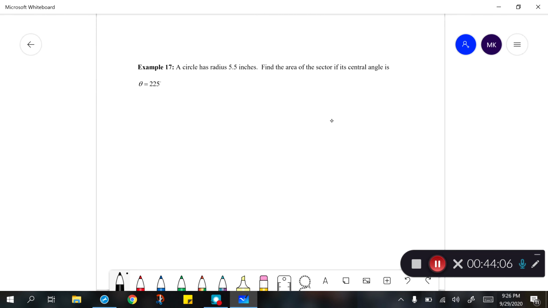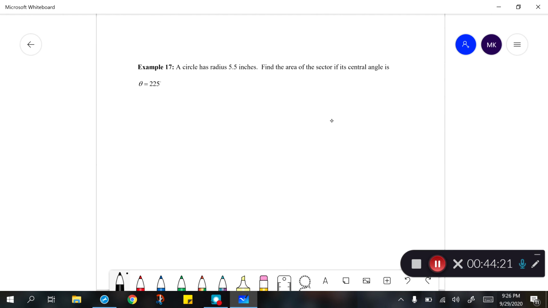Let's do an example. Okay, so a circle has a radius of 5.5 inches. Find the area of a sector if its central angle is theta equals 225 degrees. What do we have to do? That's right. First thing we have to do is convert our angle from degrees into radians. So let's do it.